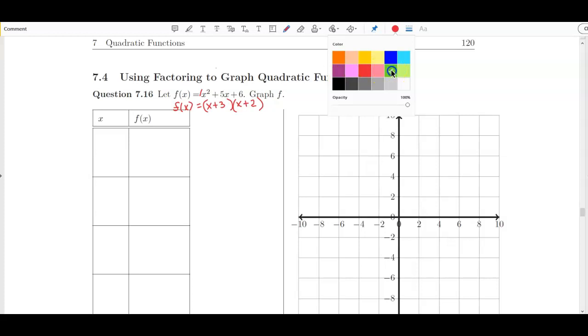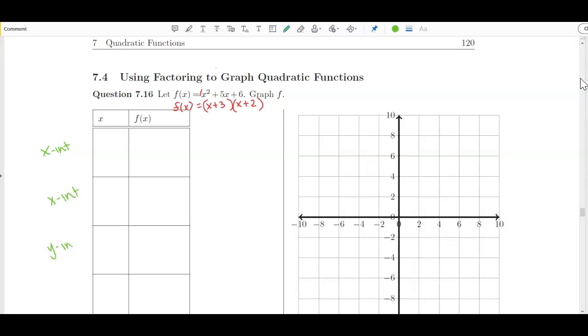So remember, we want to find the x-intercepts. We also want to know what the y-intercept is, and we want to know what the vertex is. If we know those 4 points of our graph, it's going to be a lot easier to graph this. So we're going to pick our x's in a smart way, like we talked about at the beginning of this in 7.1.